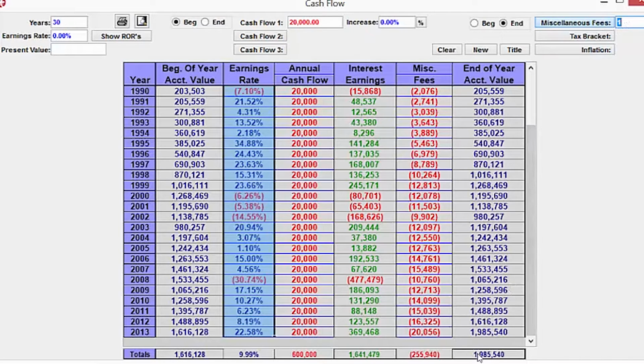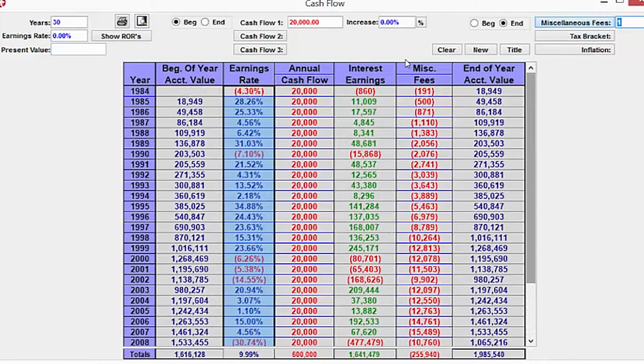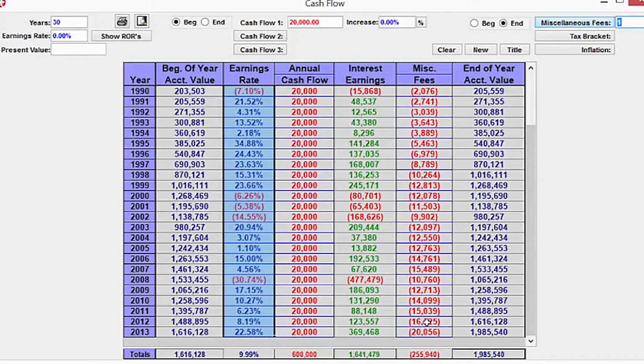So 1.985 million is the end result if in 2013 you reach the age of 65. Now you're going to use the Monte Carlo simulation to distribute money. One thing to point out, which we'll probably show at the end, is the amount of fees paid. The fees are based on the overall balance, so they're really small in the beginning, but looking at the end, they're pretty high.